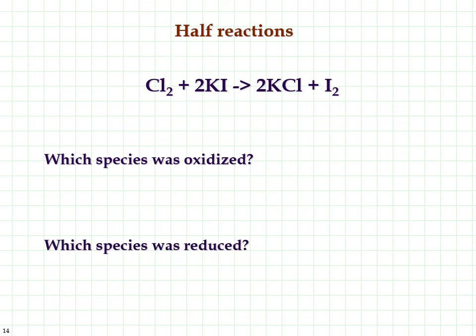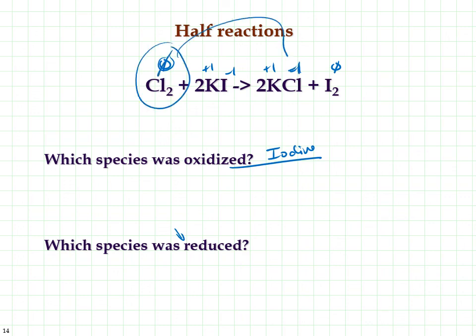Let's do the same thing for reduction. So I've got those oxidation states back up here. Good. We know that iodine was oxidized. It lost electrons. Who was reduced? Who gained electrons? Well, chlorine went from a 0 to a -1. Chlorine's charge went down to -1 because chlorine gained electrons. It got some more, and so chlorine was reduced.